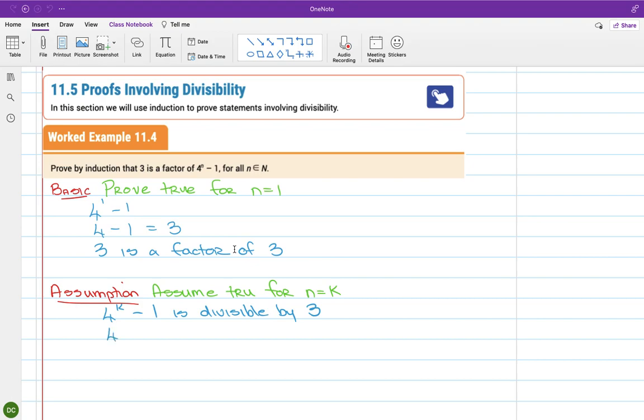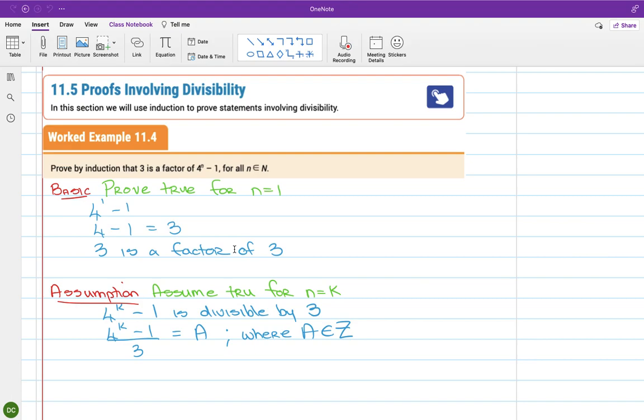So (4^k minus 1) over 3 is equal to, you can use any letter, I'm just using A, where A is a whole number, because if 3 is a factor, then 3 will divide in and the answer will be whole.